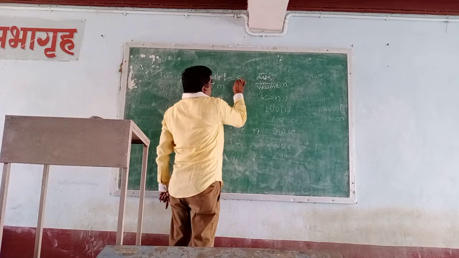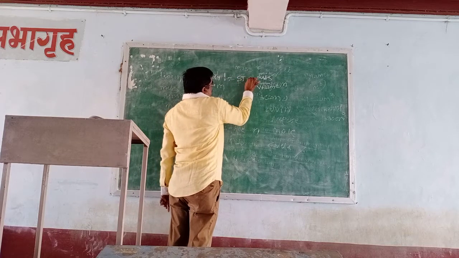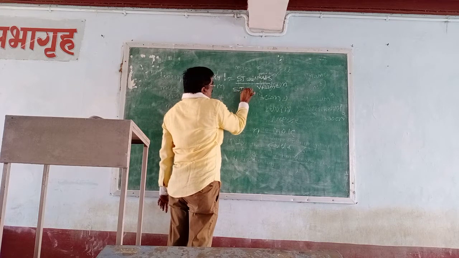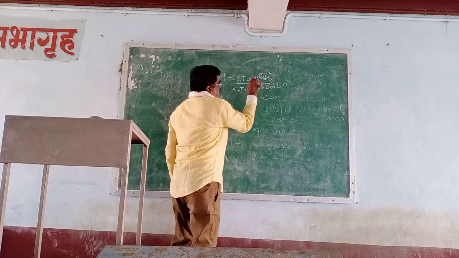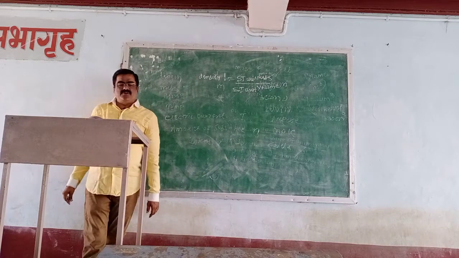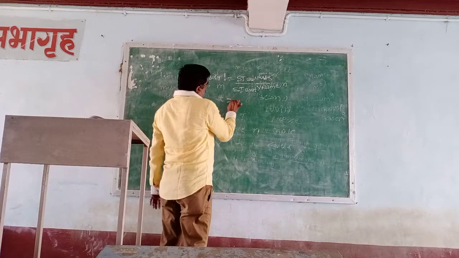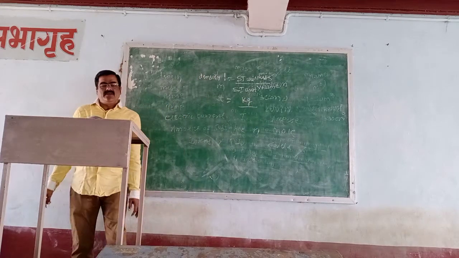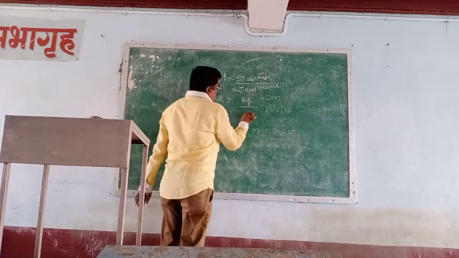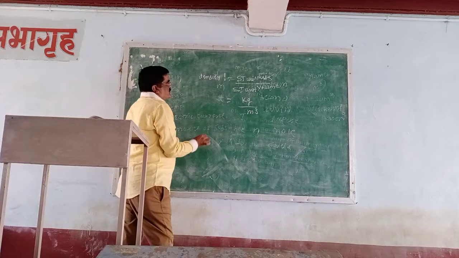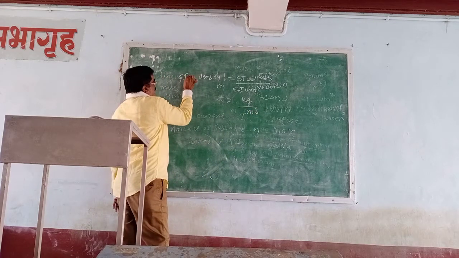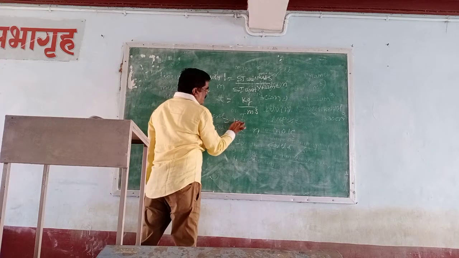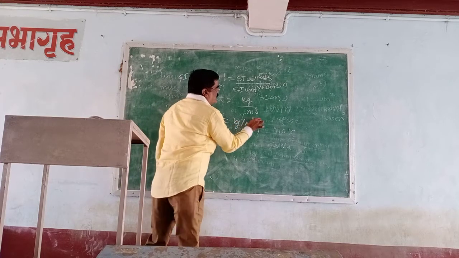SI unit of mass divided by SI unit of volume. मग mass चा SI unit काय आहे? किलोग्राम. आणि volume चा SI unit काय आहे? मीटर क्यूब आहे. Then the SI unit of density will be kg per meter cube.